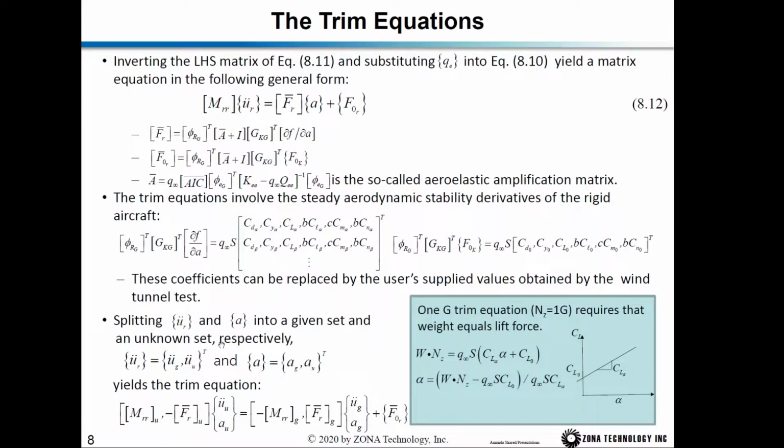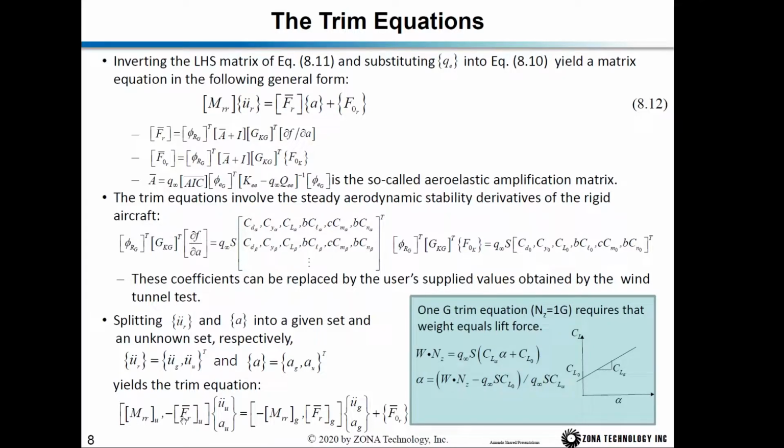Okay, then this trim equation can be split into the UR double dot and A into a given set and unknown set. So UR double dot can be split into UG double dot and UU double dot. G is given, U is unknown, A is AG and AU. Then we split this into two parts, then we rearrange this matrix, so all the unknowns are on the left hand side, all the givens on the right hand side.